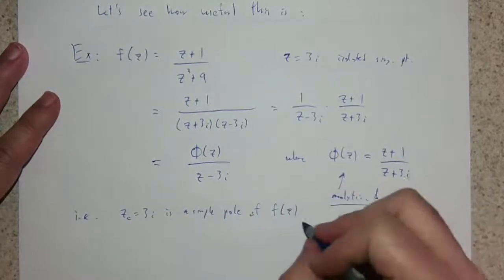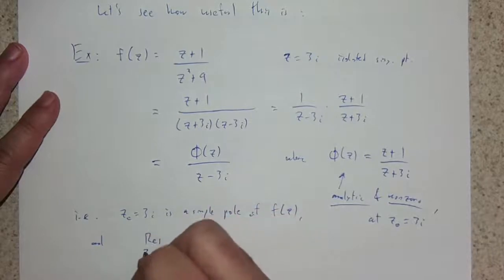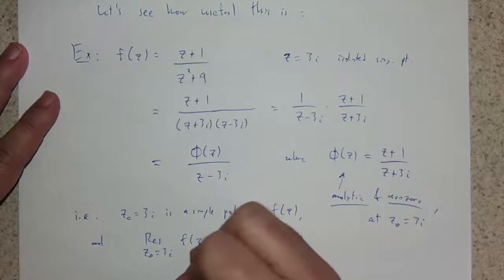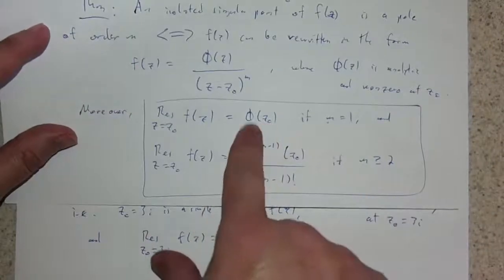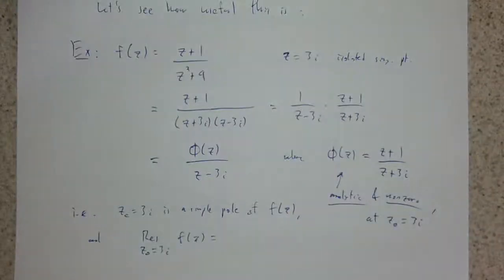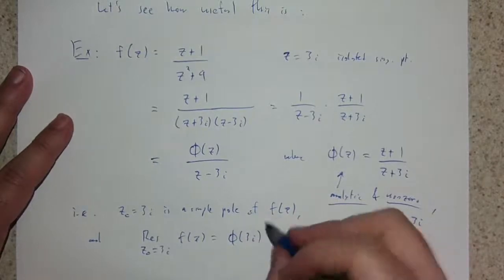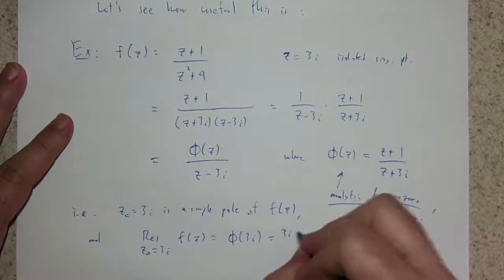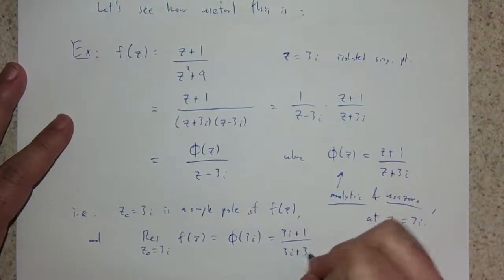This is a simple pole of f of z, and if I wanted to compute the residue at 3i of f, this can be computed by my theorem. Since this is a simple pole, I can literally just plug this into phi. So this is phi of 3i, which is 3i plus 1 over 3i plus 3i.